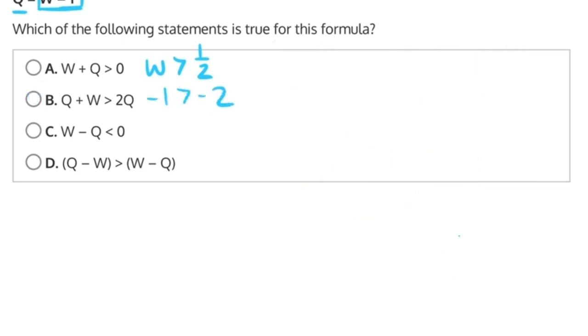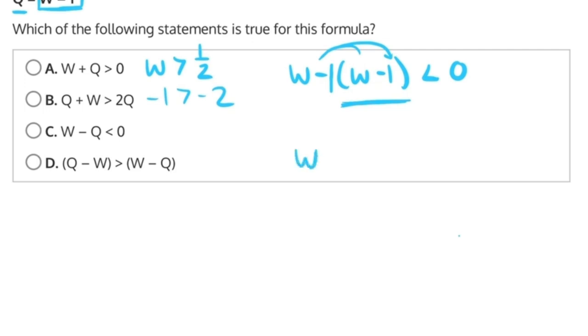Now looking at answer choice C, we have w minus q, which we know is equal to w minus 1, is less than 0. Now when we go to simplify this, if anything in math exists, there is always one of them. So we can imagine a little invisible 1 outside of this parentheses. And that will help us see that we need to distribute this negative 1 into our parentheses in order to get the correct final answer.